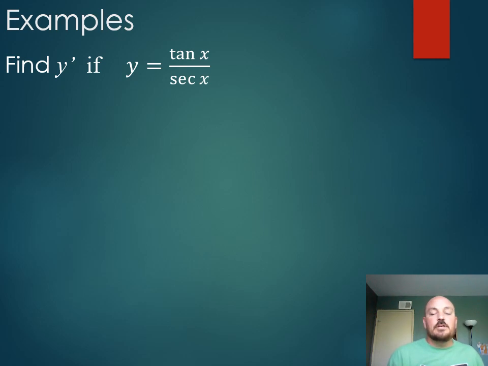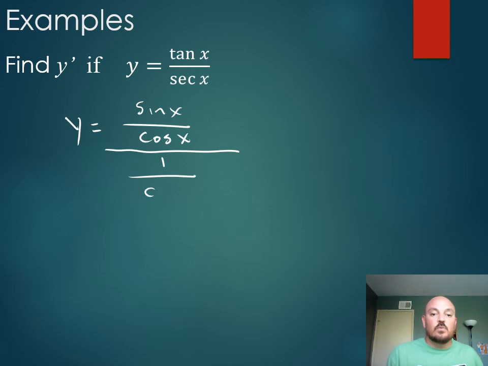So what I'm going to do is I'm going to go back to chapter 9, and before I find the derivative, I'm going to use our identities to simplify this. So what I have is tangent x over secant x. Now tangent x is sine x over cosine x, and secant x is 1 over cosine x.